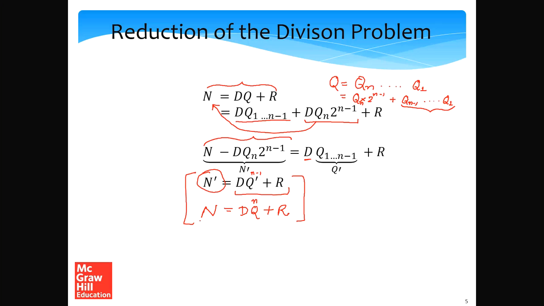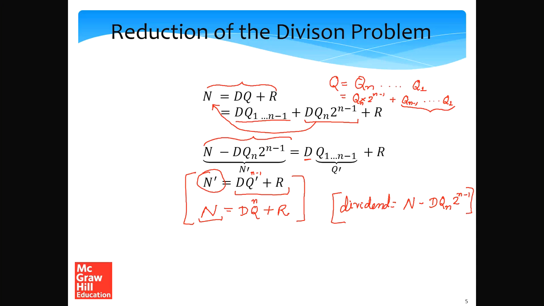In the original case it's the original dividend. So what's the new dividend? It is the original dividend n minus the divisor times the nth bit of the quotient times 2 raised to power n minus 1. So this is the dividend that is being used.